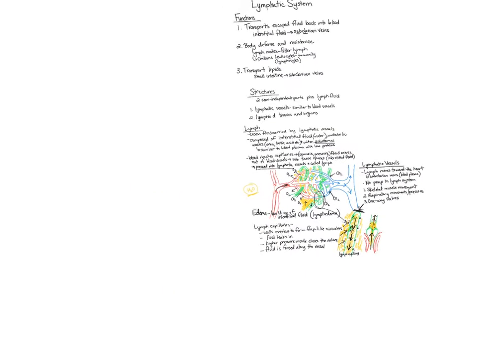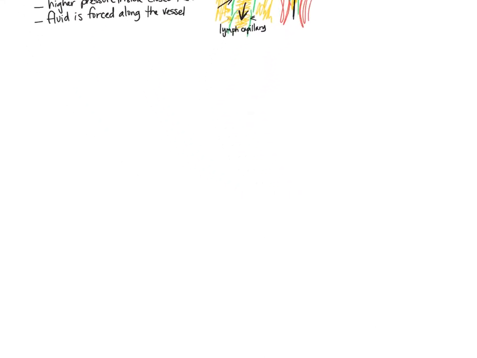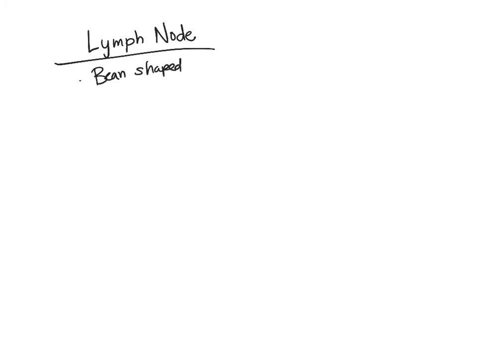So now let's take a look at those other structures. We said we had various lymphatic structures and then other organs. The first lymphatic structure we're going to look at is the lymph node. The lymph node is a bean-shaped structure, and it's actually found in the lymphatic vessels.